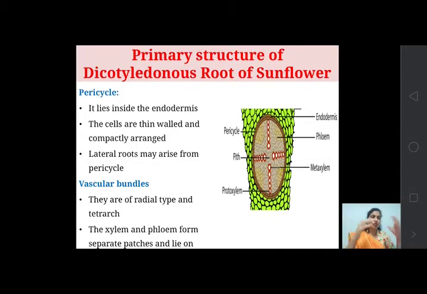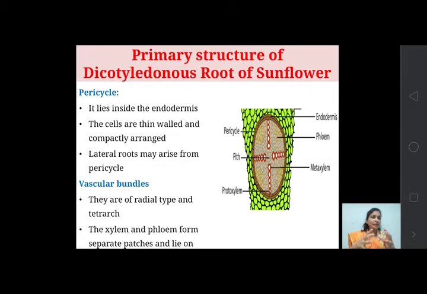Lateral roots, that is the secondary roots that arise from the primary root, arise from the pericycle region. Okay, and inside the pericycle, there is the presence of vascular bundles. The pericycle is a single layered continuous layer.